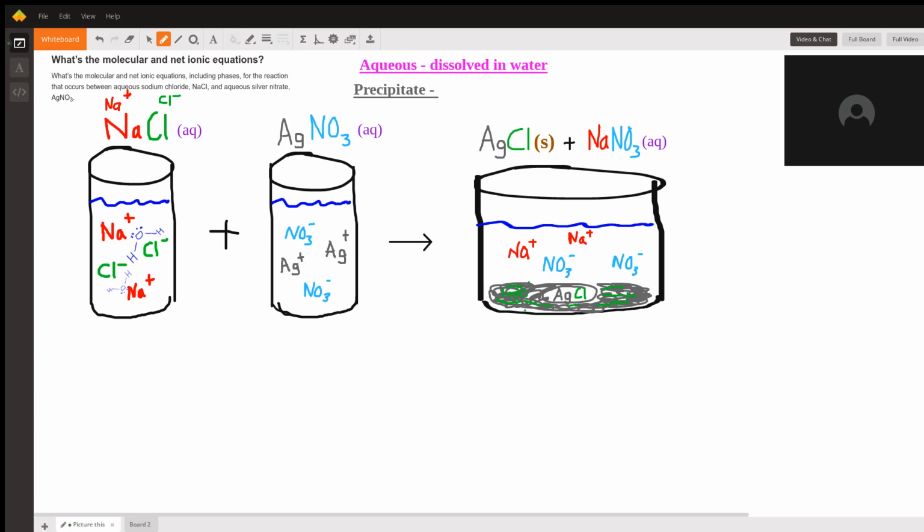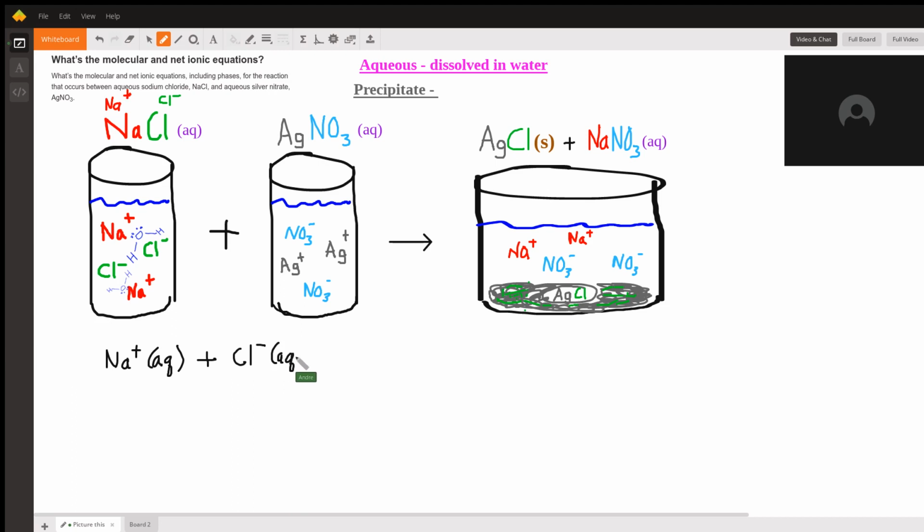But if we're going to break this up into the molecular ionic equation, we're going to have to put them all into their little ionic components. So we would show that the sodium is going to be in the aqueous phase. Same with the chloride ion, it is also going to be in the aqueous phase.